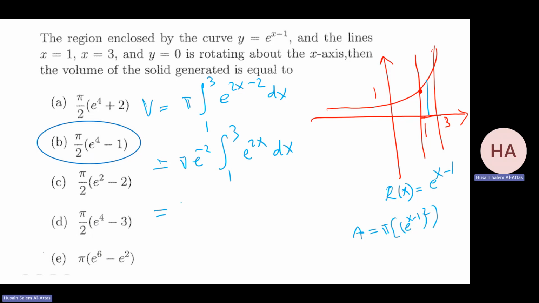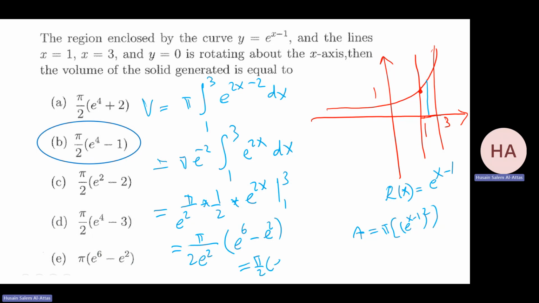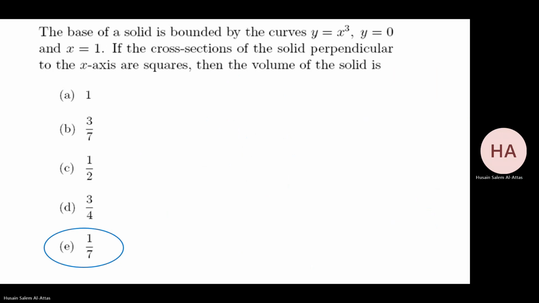And that will be pi over e squared times half times e to the power 2x from 1 to 3. That will be pi over 2e squared of what? e to the power 6 minus e squared. That will be pi over 2 times (e to the power 4 minus 1), which is this one. Okay.